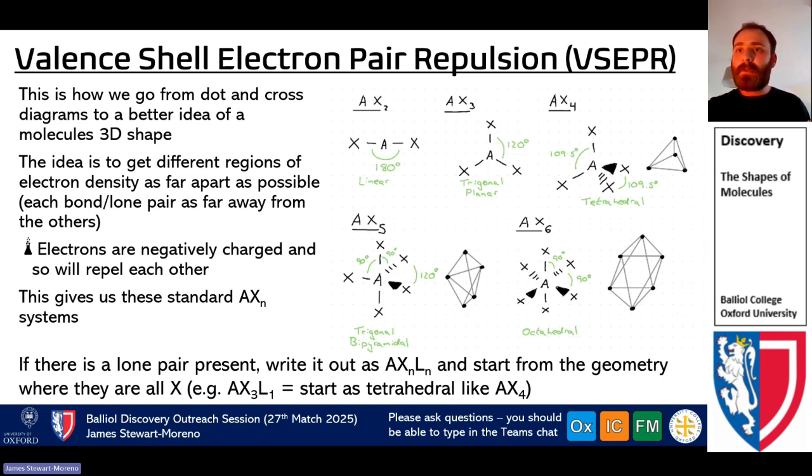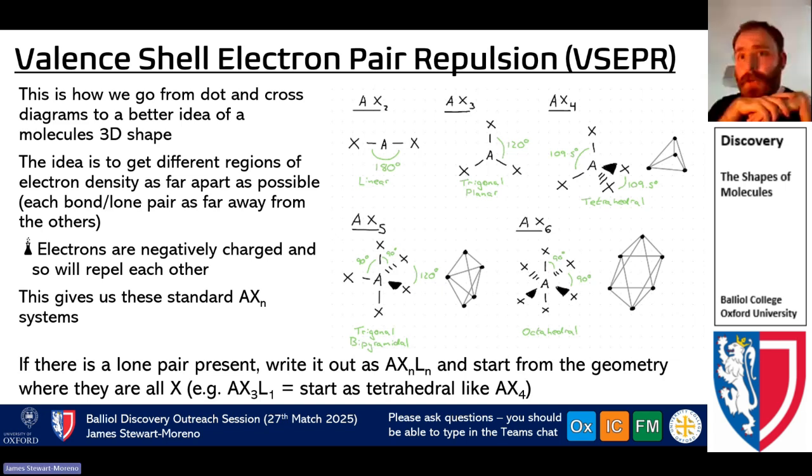Wouldn't electrons be further apart if they go in separate planes in AX3? Interesting question. I'm assuming you mean if you start to deviate one into the Z-axis, for example. By doing that, you'd actually be decreasing the angle, because the angles that we're looking at are from the X to the A to the X again.